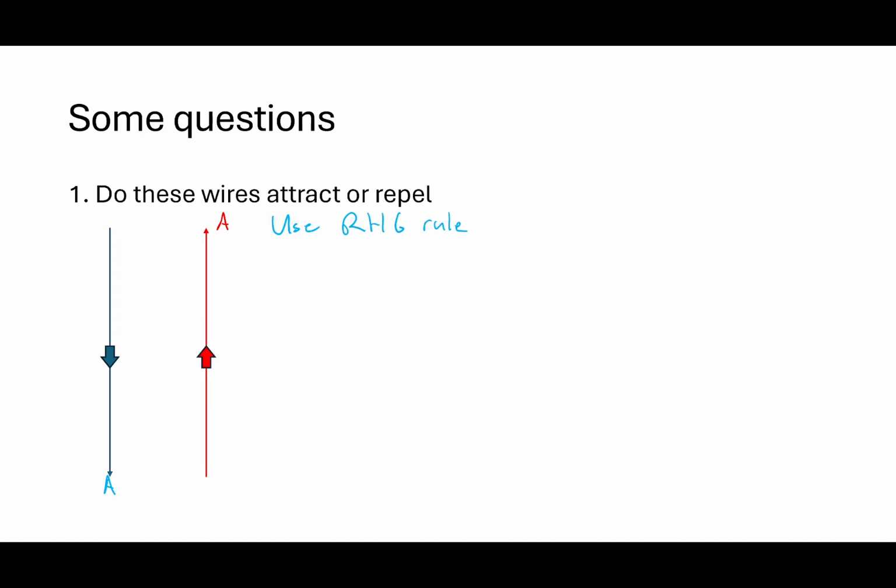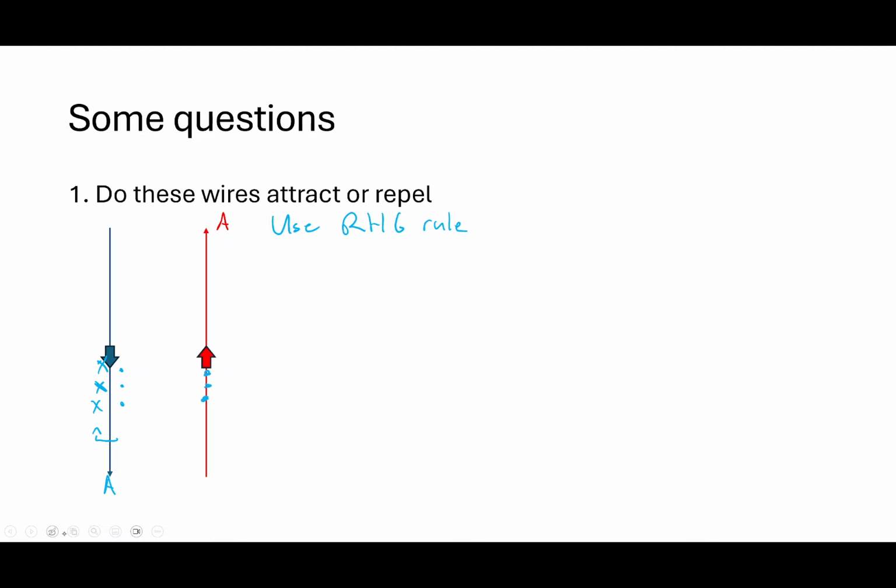So down, and it's curling in this direction. So it's going into the page here, and it's going out of the page here. So that means on this wire, the field is going out of the page.